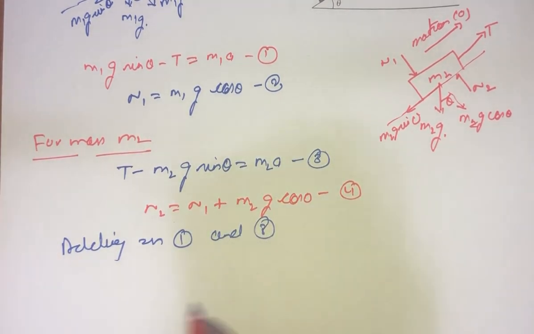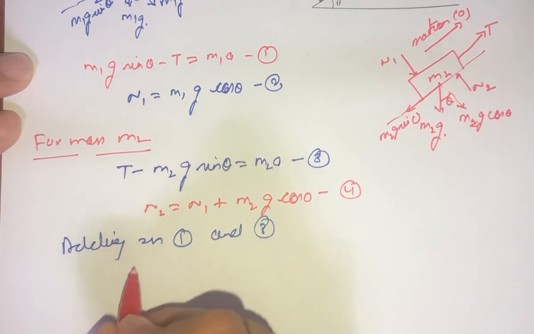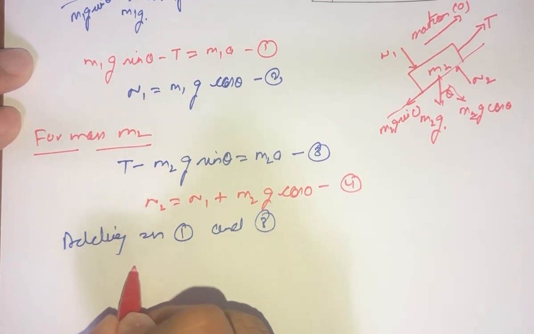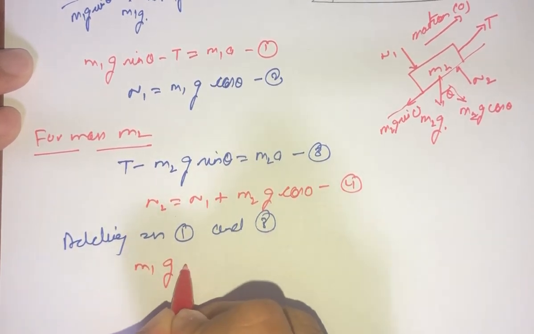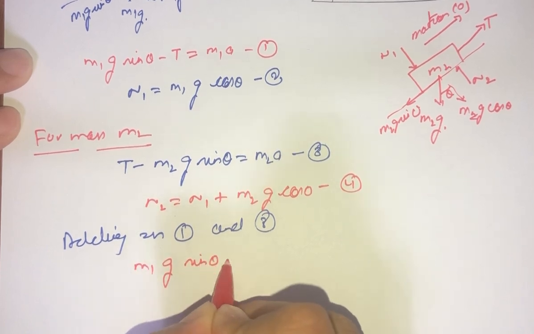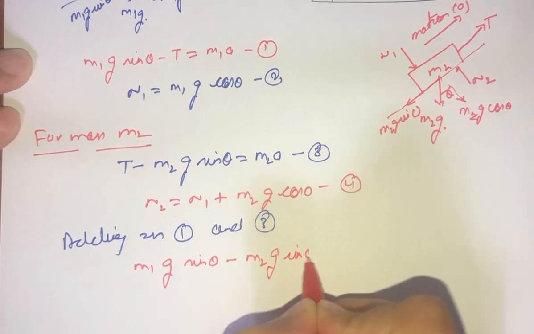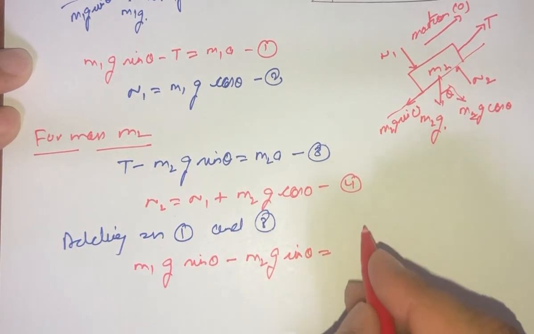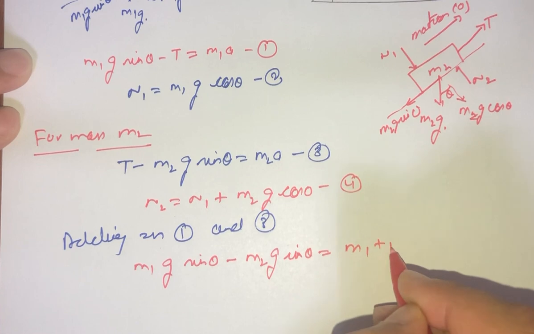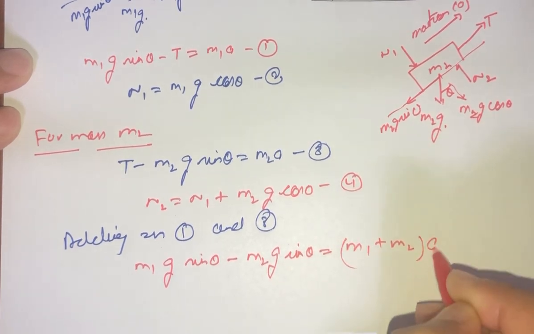On the left side we can write m1g sin theta minus m2g sin theta, which is equal to m1 plus m2 times a, with a as common.